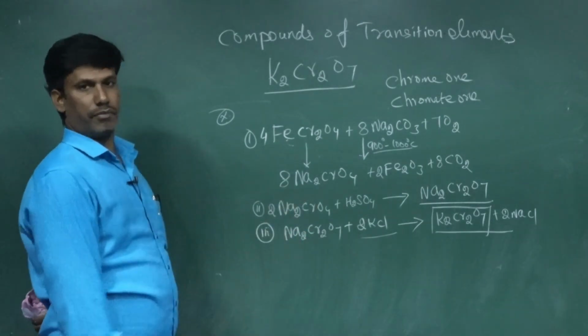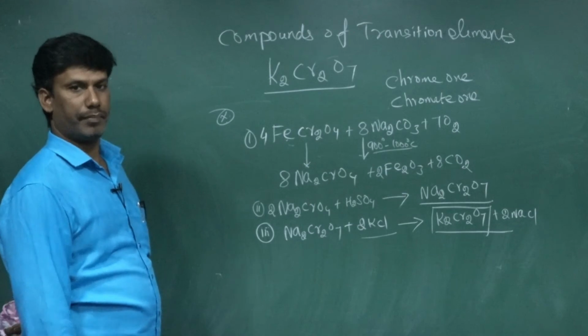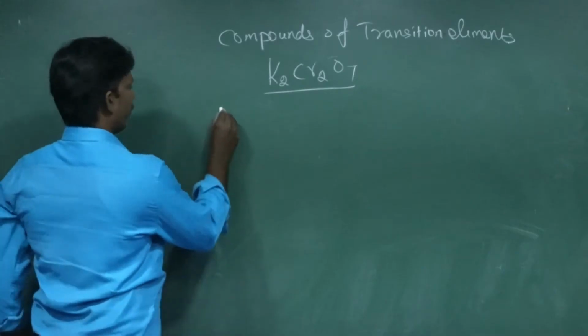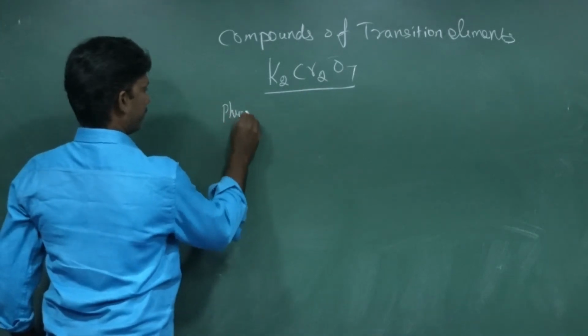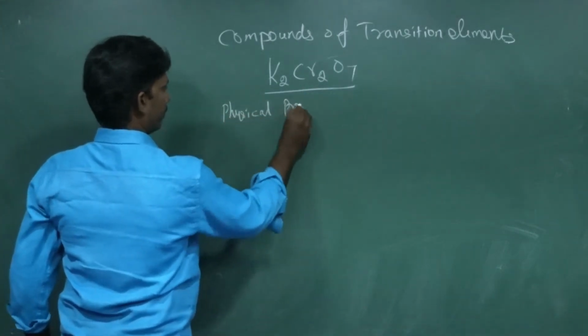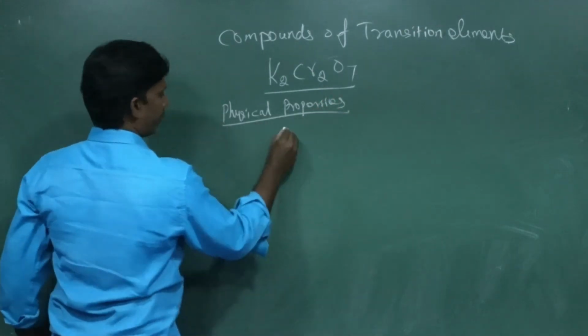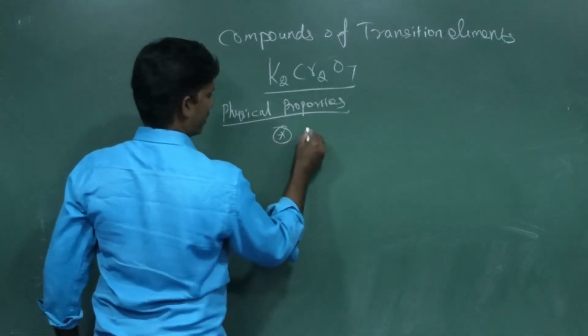Then we move on to the physical properties of potassium dichromate. It is a red-orange crystalline solid.